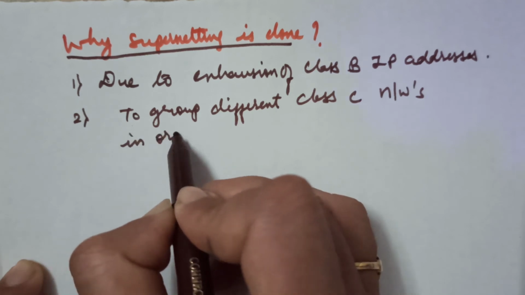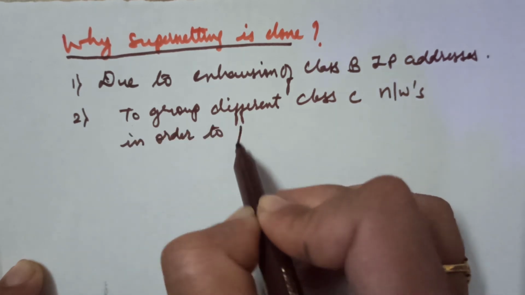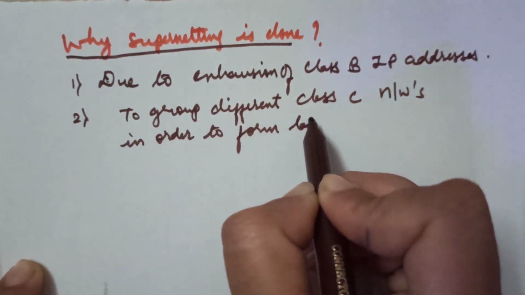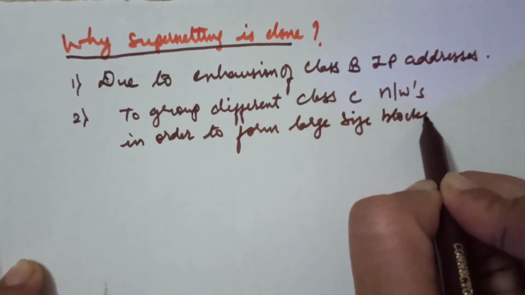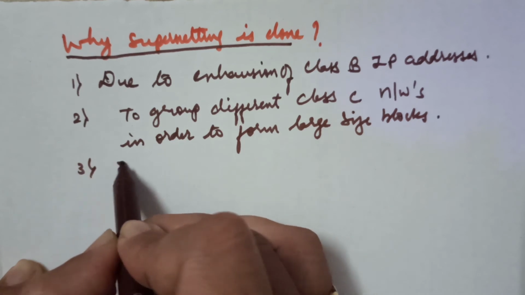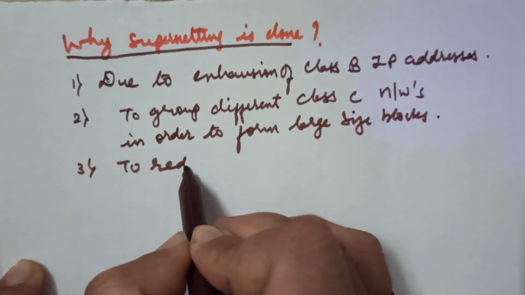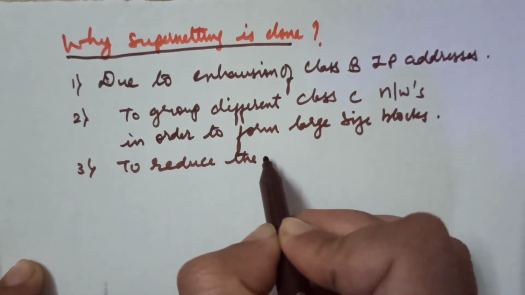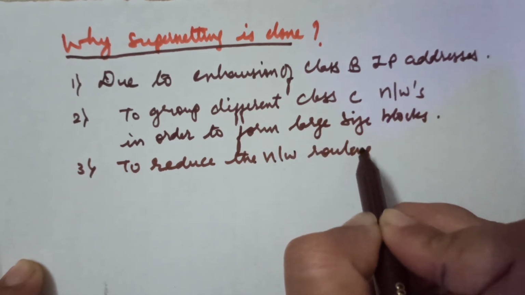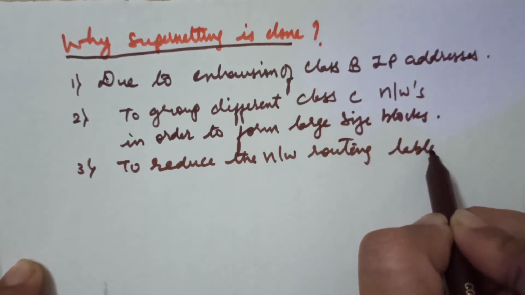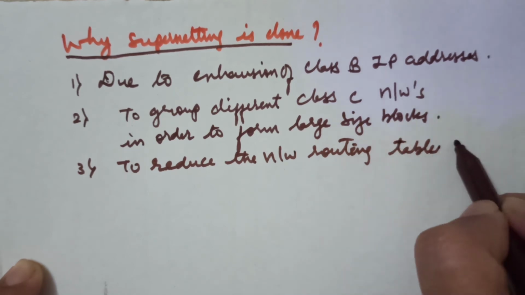In order to form large size blocks, supernetting is done to reduce the network routing table size.